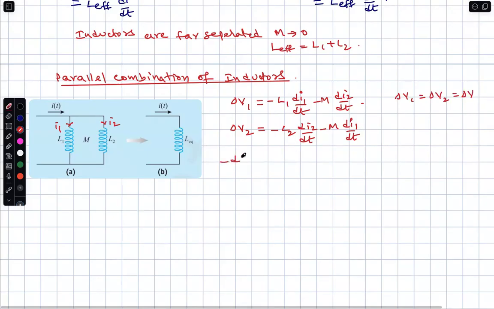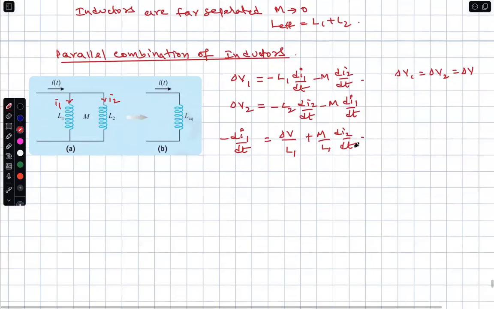So I can write minus di1 by dt from these two equations as delta V by L1 on the basis of the first information plus M by L1 di2 by dt. Right.